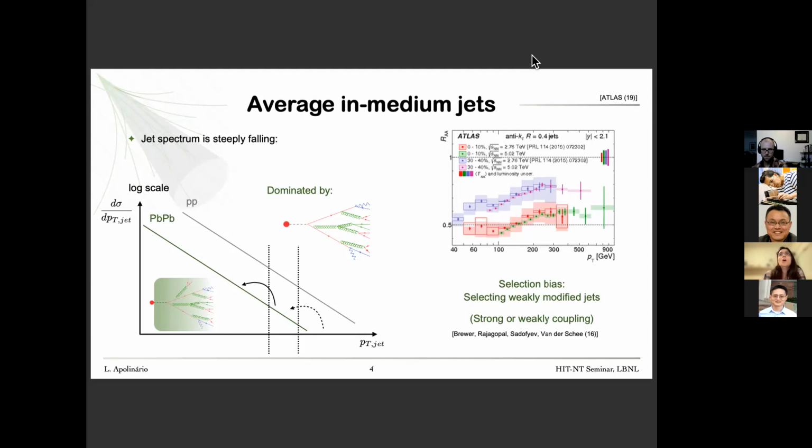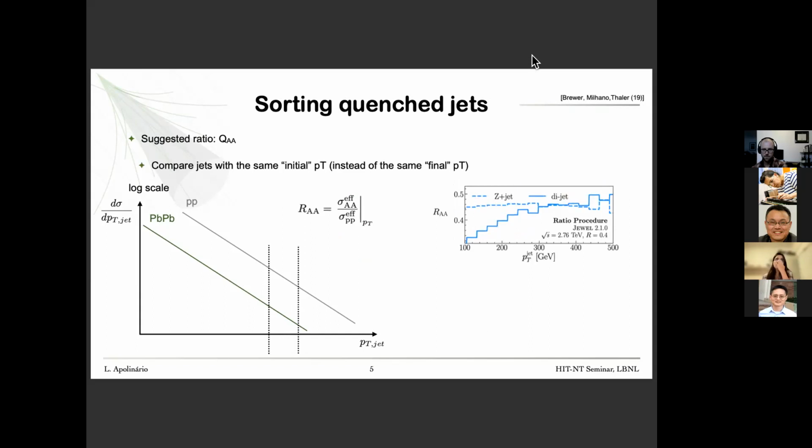It has been some years that we know this, and most curiously, this was found in both strongly and weakly coupled approaches. A couple of years before, there was this idea from these authors that, instead of comparing jets that have exactly the same final transverse momentum, how about we compare jets that have the same initial transverse momentum?